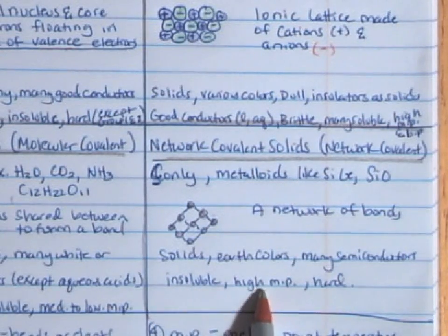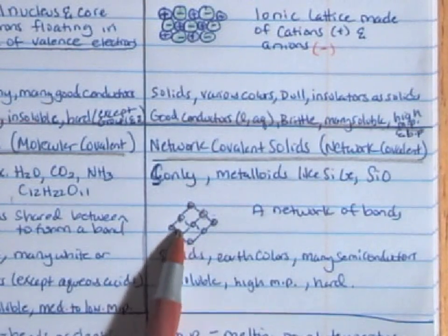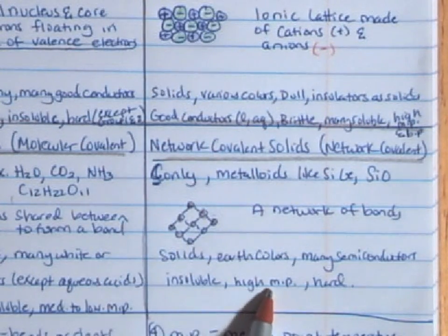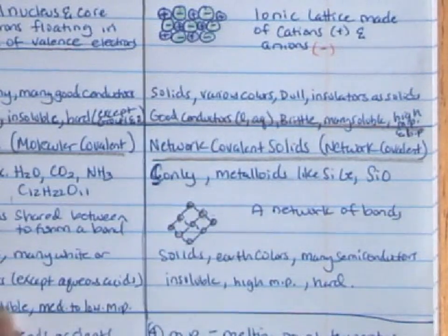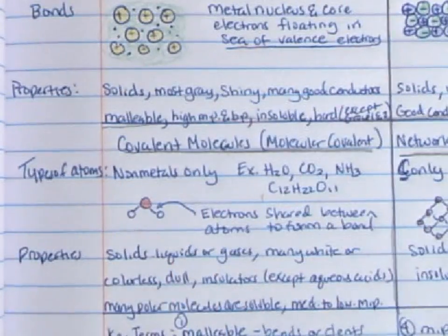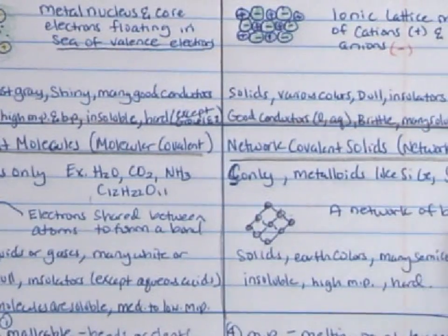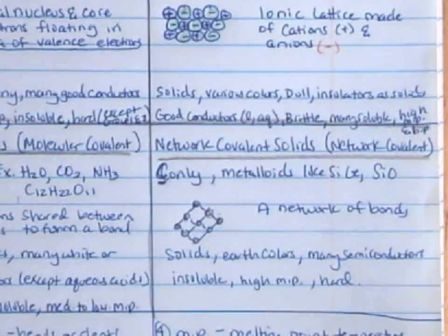They have high melting points and boiling points, and they're hard as well. And once again, these qualities come from the fact that their bonds are arranged in a network. It's not a discrete individual molecule like you have here. If you need more time to take the notes for network covalent solids, pause the video.